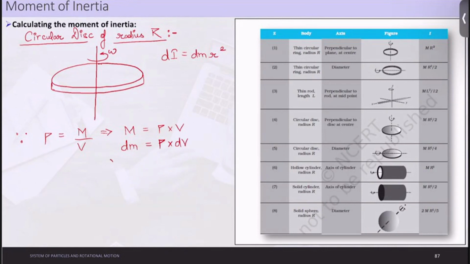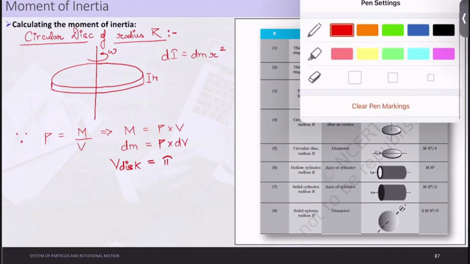Now let us calculate the volume of the disk. Let us suppose I write this small thickness as h. So this takes the form of a very small cylinder, and hence we can write the volume of the disk as pi r square into h, taking a very small r, because that will make a difference.